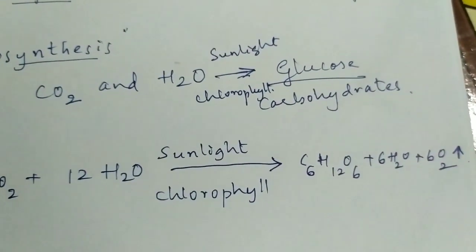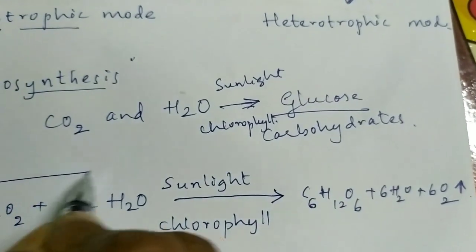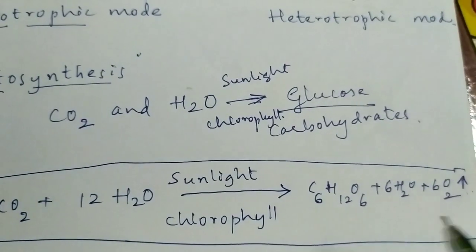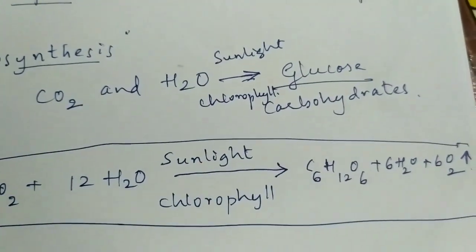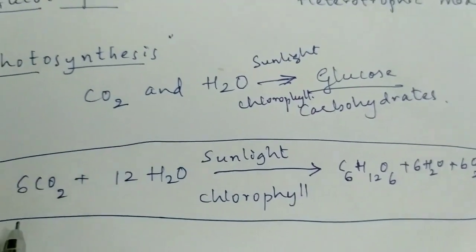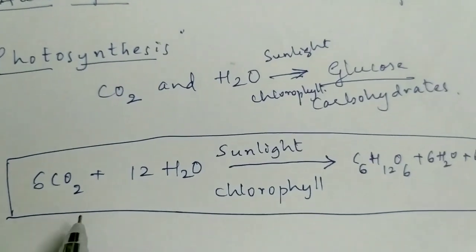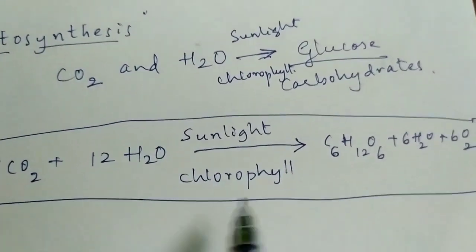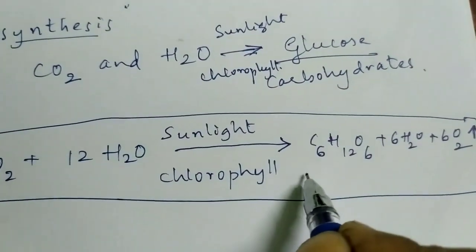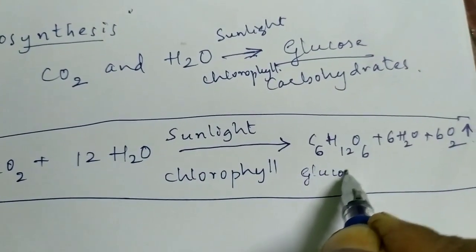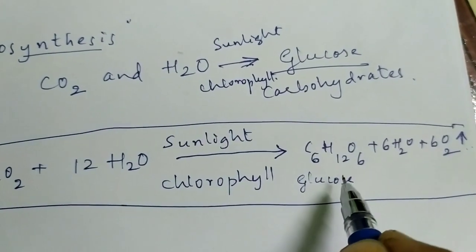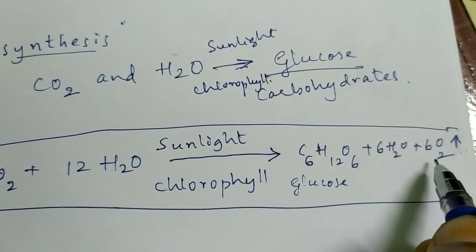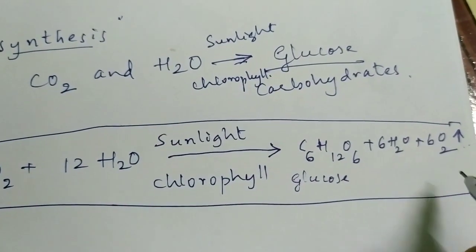So this is the chemical equation which represents the process of photosynthesis. It represents that during photosynthesis, 6 molecules of carbon dioxide and 12 molecules of water will give rise to 1 molecule of glucose, the end product. Along with the glucose, 6 molecules of water and 6 molecules of oxygen are also given out.